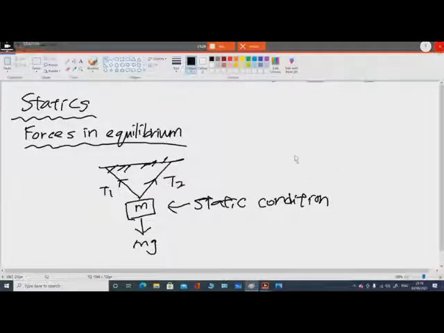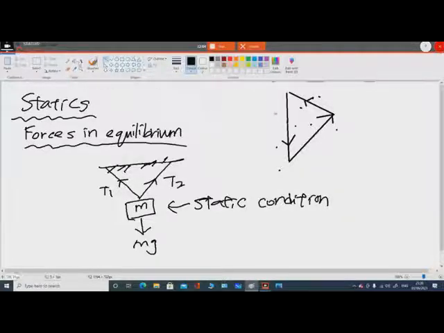Okay, so this is my T2. This is my T1. And this is actually my mg.